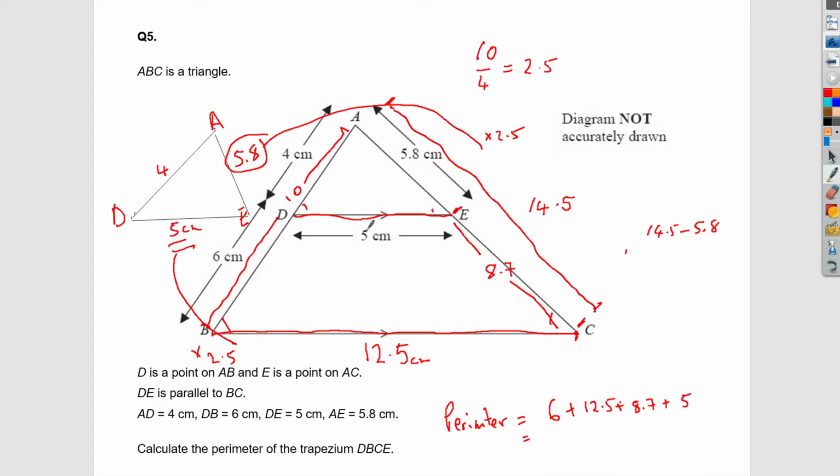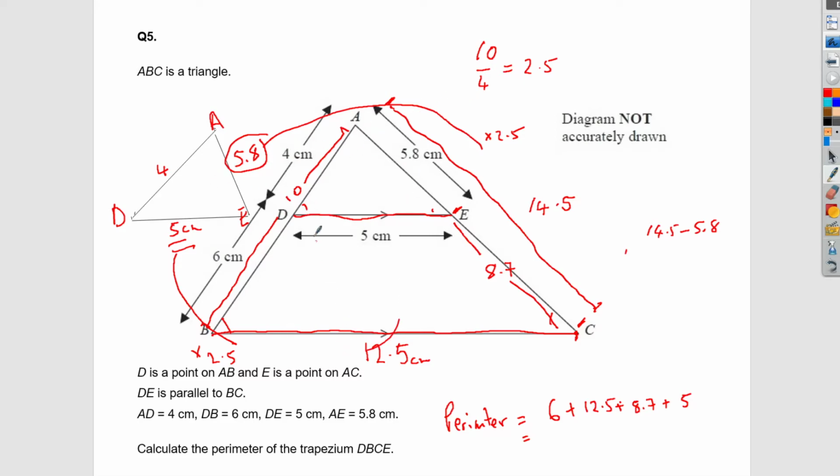Don't forget this length and this length were given already, and in order to find this length here we had to find a side which corresponded, which in this case was AB corresponds to AD, and then work out the scale factor by dividing the longest side by the shorter one.